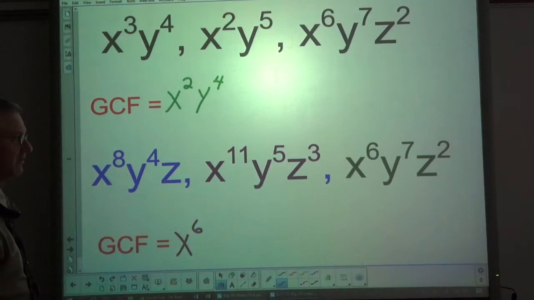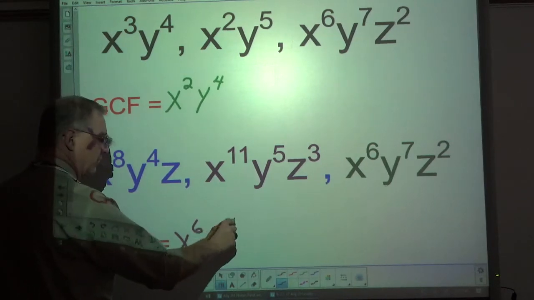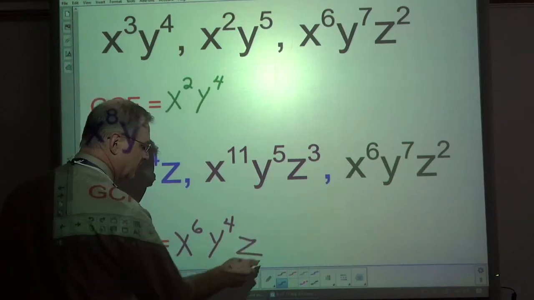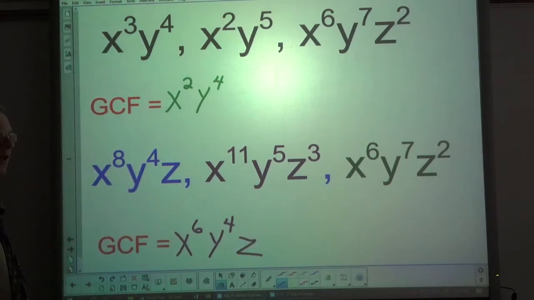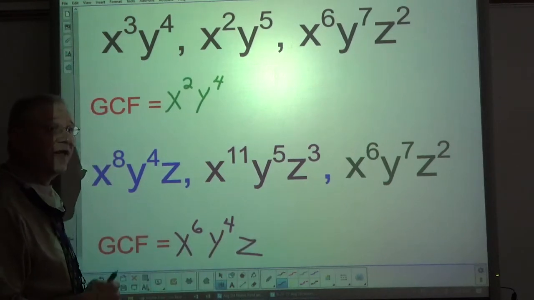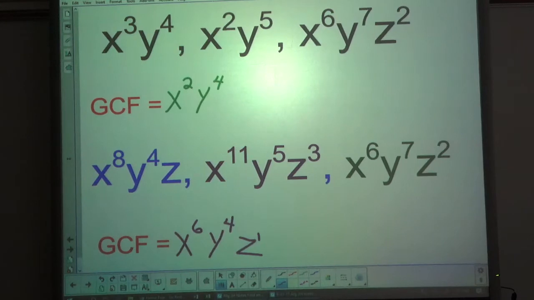Y is in all of them. Smallest exponent here is to the 4th. And Z is also in all of them. Smallest exponent is a 1 because it's understood to be a 1 here. Do you have to write it? No. Can you write it? Yes. So X to the 6th, Y to the 4th, Z, or Z to the 1st there.